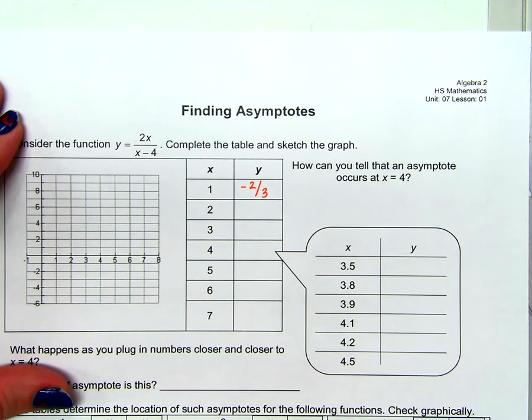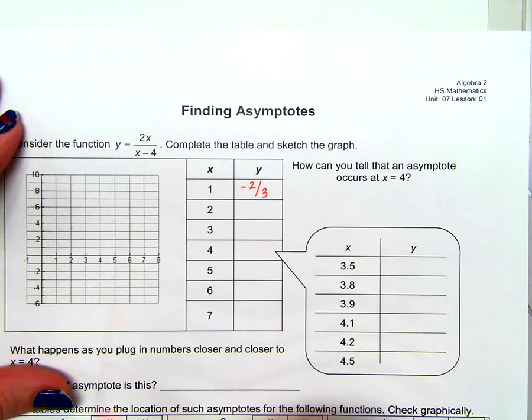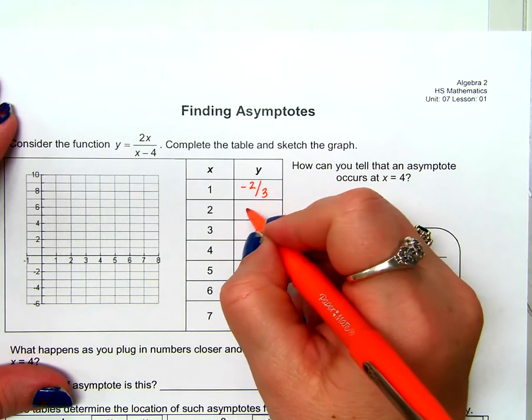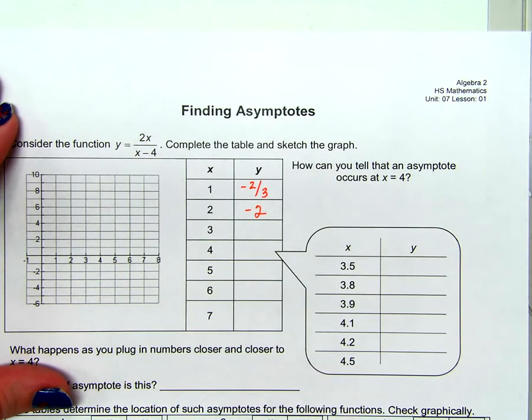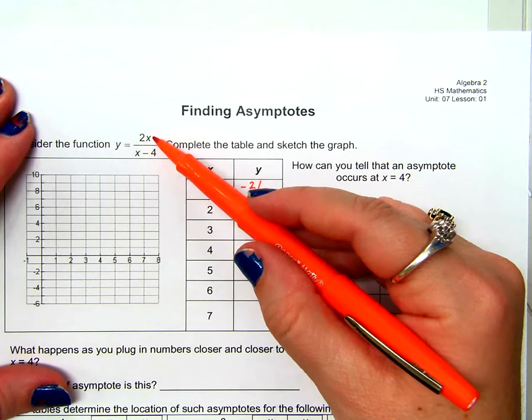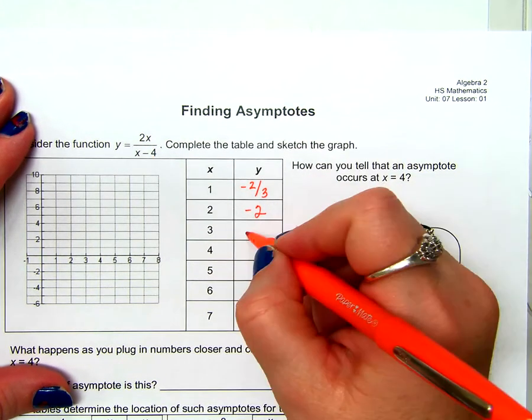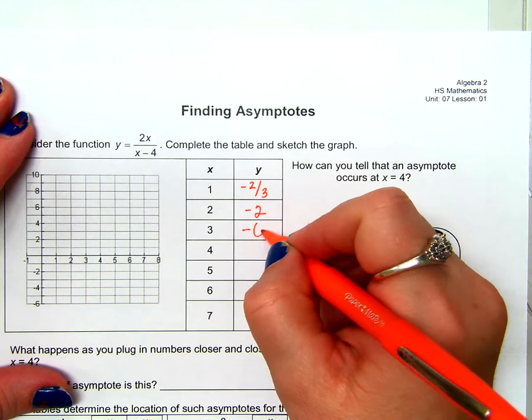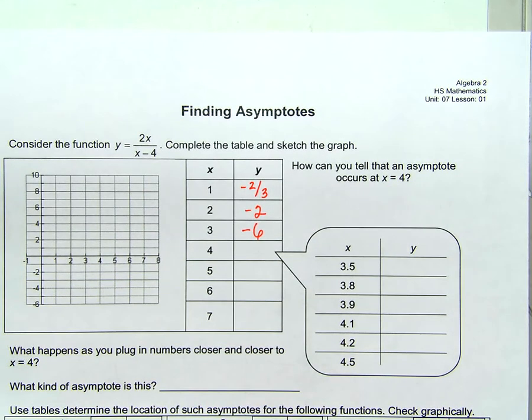It is 4. Okay, and then 2 minus 4? So that gives us negative 2, right? If x is 3, that gives us a 6 in the numerator and a negative 1 in the denominator. Yes?